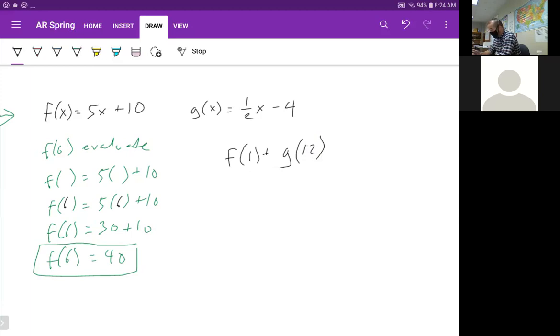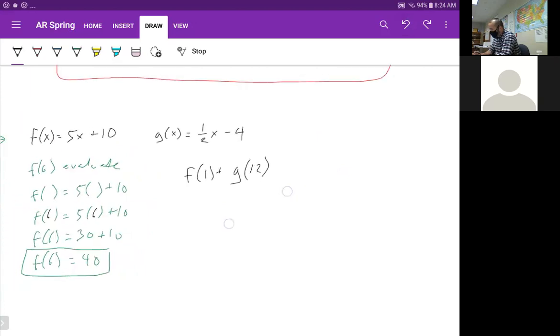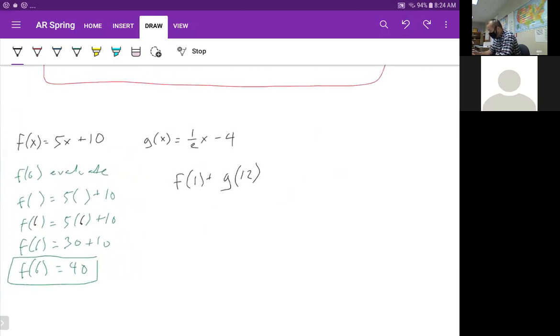So f of 1, that's going to be the one on the right. Let's do it this way actually. I'm going to do f of 1 equals 5 times 1 plus 10.